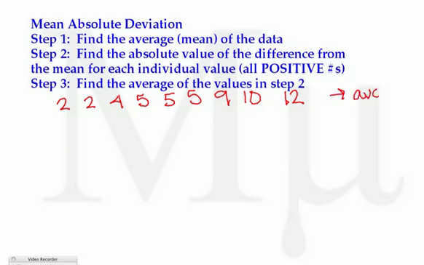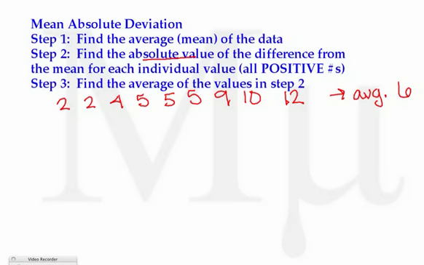So really all that does is change all of these so they're all positive numbers. So in our second step, we're doing the absolute value of our differences. So 2 is 4 away from 6, and continue to work your way down until you get through all of the data.